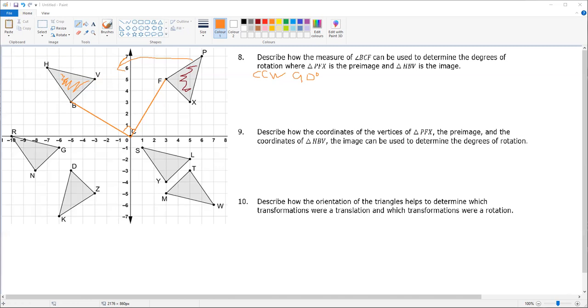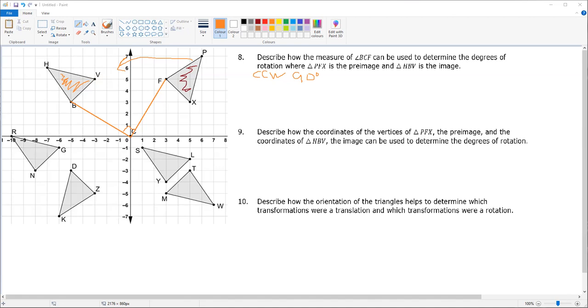All right, the next one is: describe how the coordinates of triangle PFX, that's our purple one, and its pre-image, that's our before one, HPV, the same two angles, could help to determine the degrees of rotation.